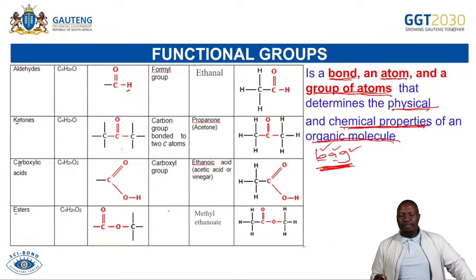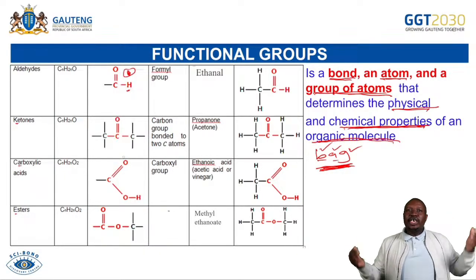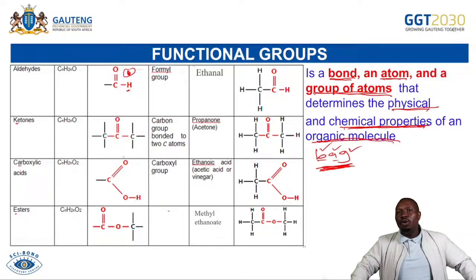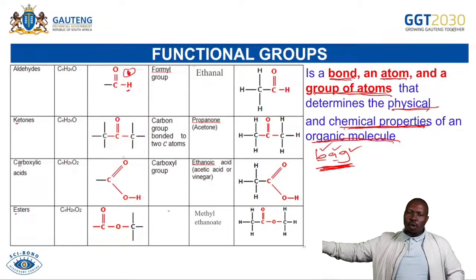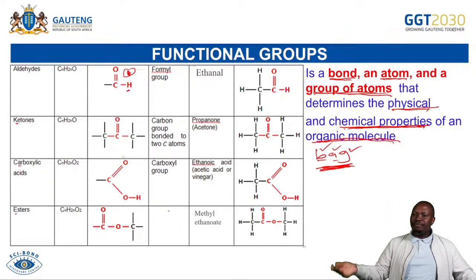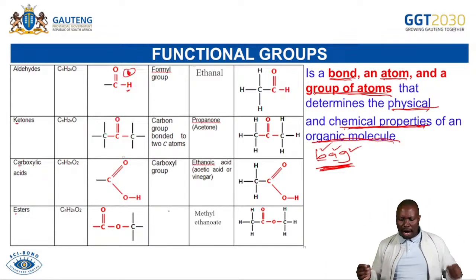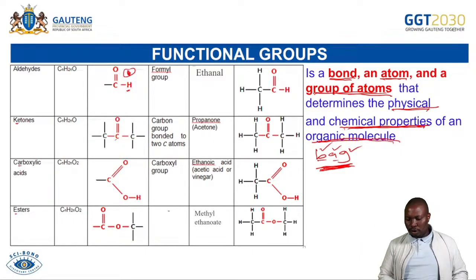So we can say for aldehydes, the C double bond O is in carbon number 1. For ketones, the C double bond O is surrounded by 2 carbons. No matter how long the structure is, you can't find for ketones a C double bond O at the beginning of the name. You would always find it surrounded by 2 carbons.